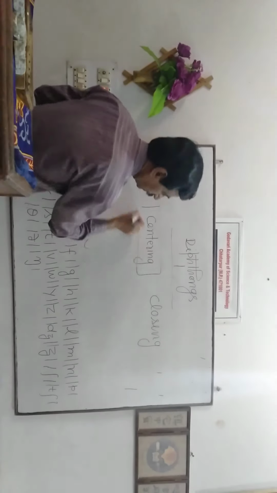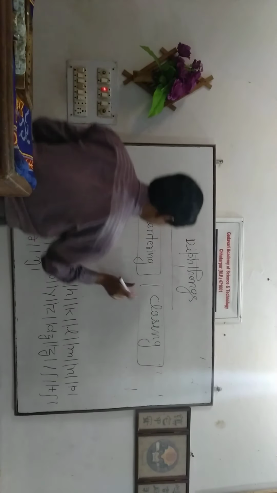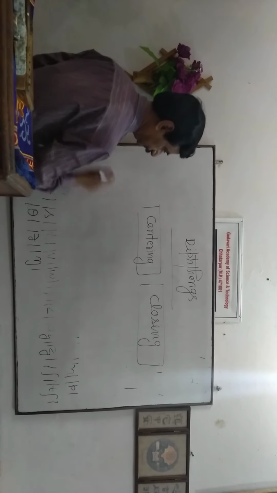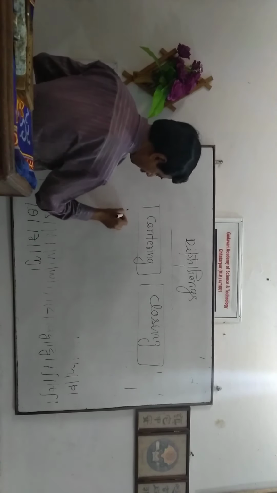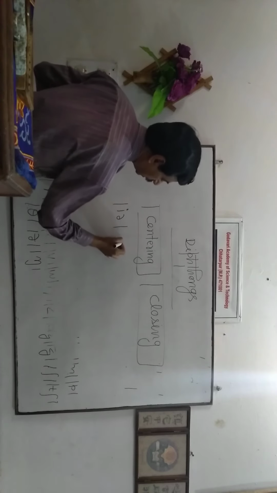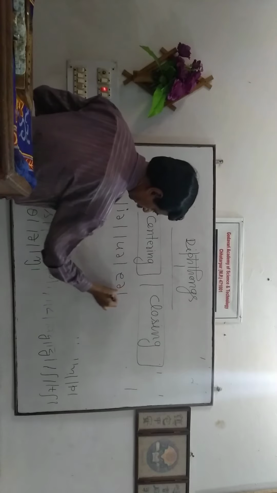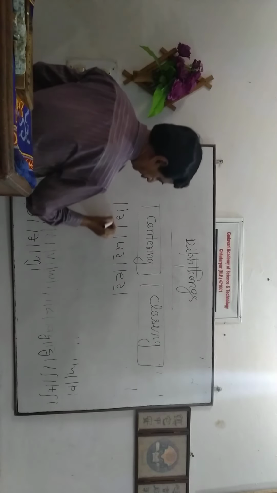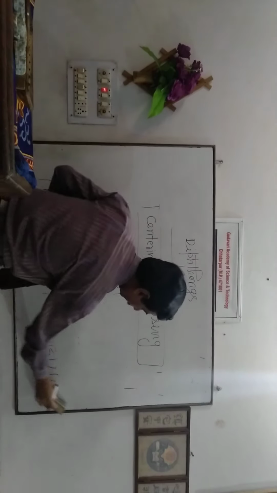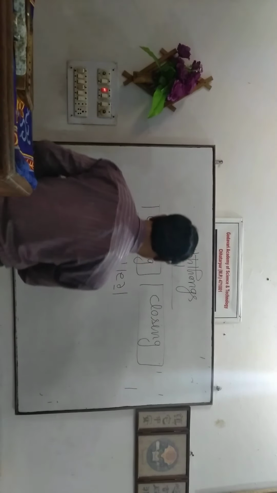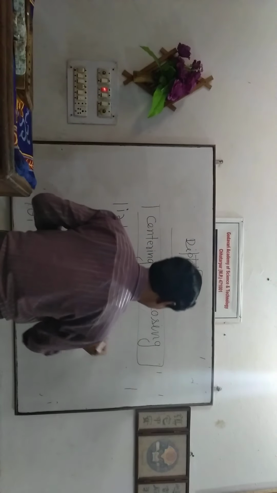So what is a centering diphthong? IA, UA, EA. This is center A. Next, closing diphthongs. The centering ones are 3 in number, and these are 5 in number.